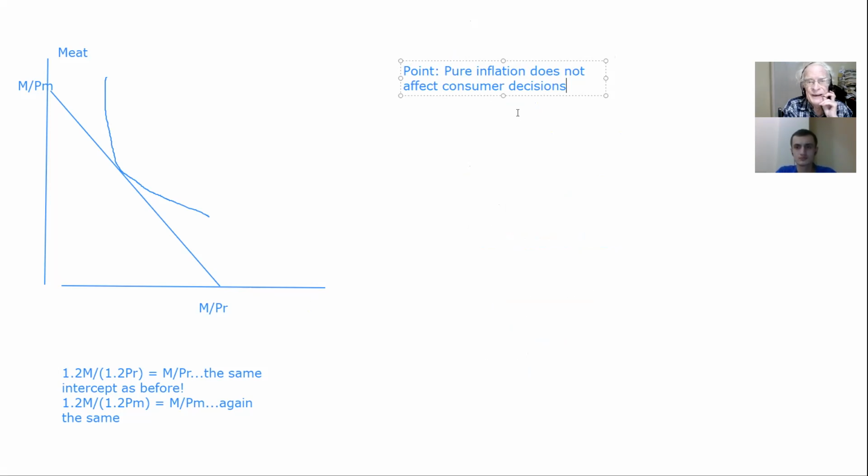In principle, according to microeconomics, inflation does not matter, which may be news to the macroeconomists. Why not? Why is it the case that a proportional increase in both prices and income does not affect the decision of how much to consume?